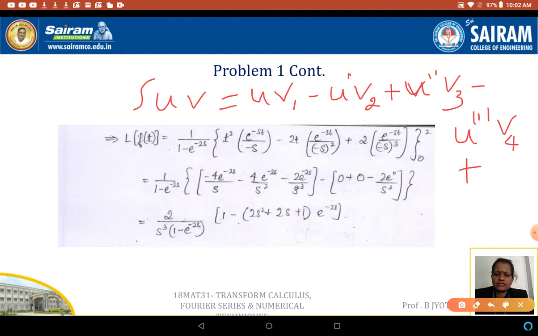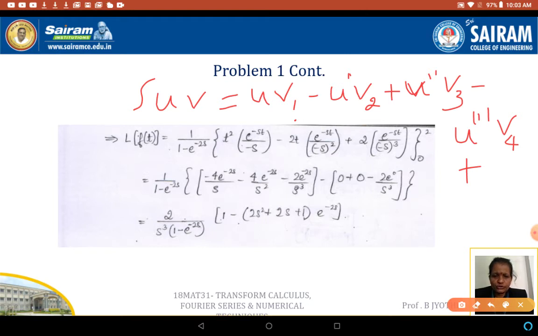So how is it? The first function we have to choose by using the ILATE rule. u is the first function and v is the second function. Here the suffix represents the integration and the superscript represents the differentiation.